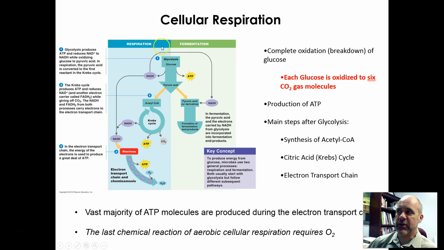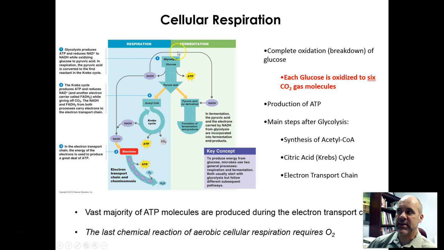So in the last video lecture, we introduced that cells can use respiration or cellular respiration as a process for oxidizing glucose, breaking it down, and harnessing energy stored in the bonds of glucose to make ATP. And then fermentation is an alternative process that some organisms can use.